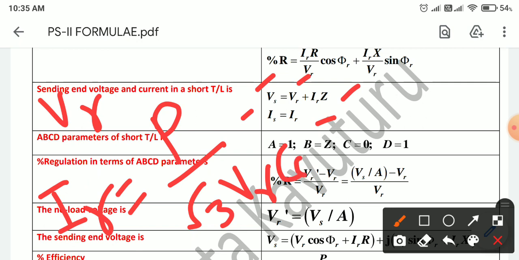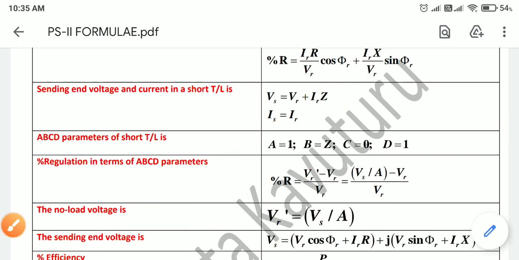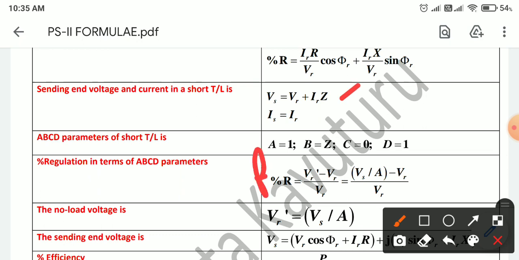Generally this is the formula to calculate the IR value, where VR is the line value taken from the problem, and P is the power in megawatts, generally given in the problem also. The rest of the values are given in the problem. Z is the impedance, nothing but R plus jX.